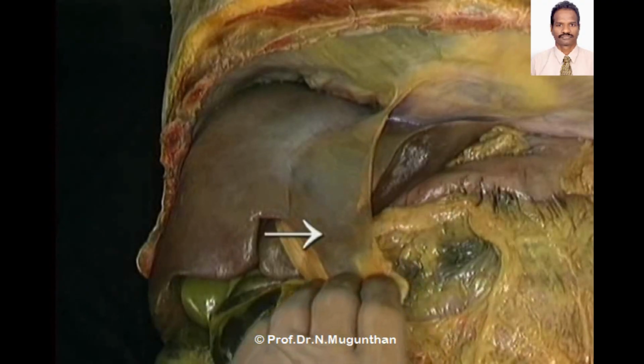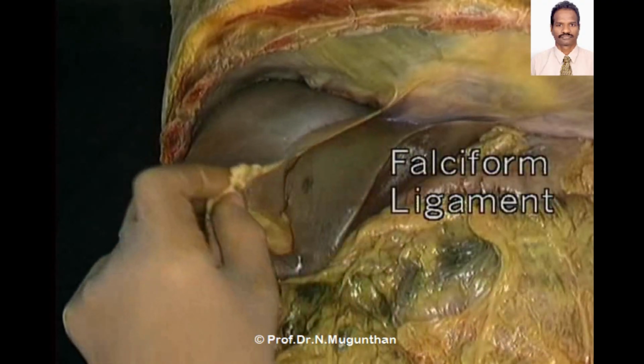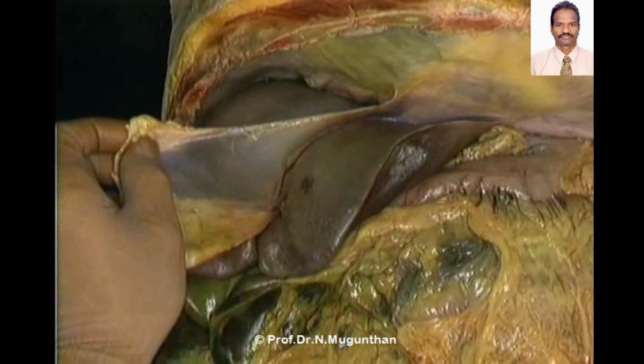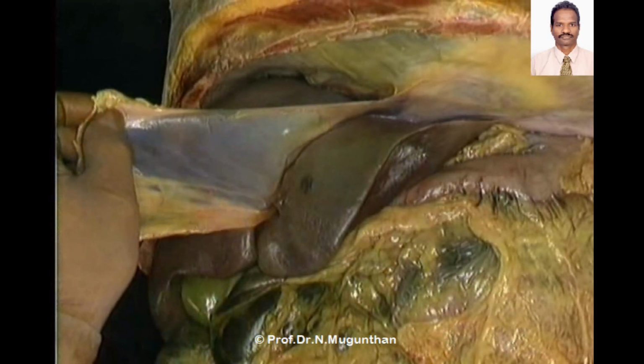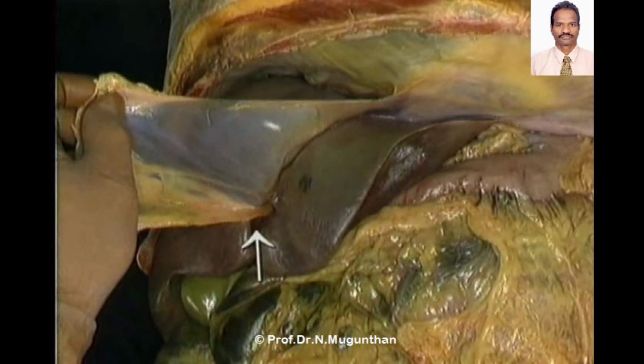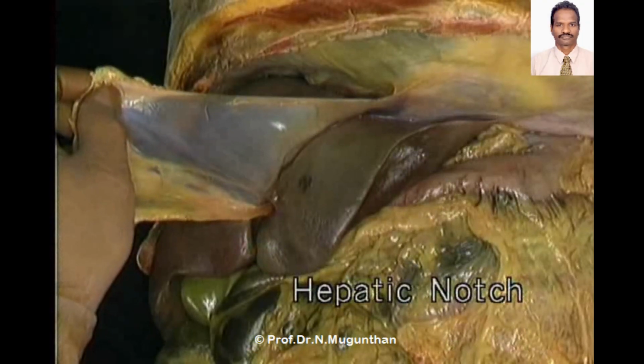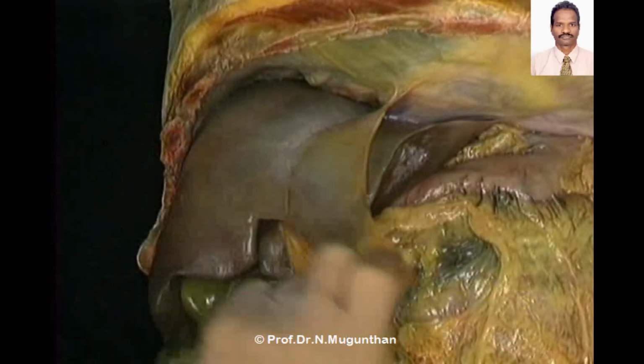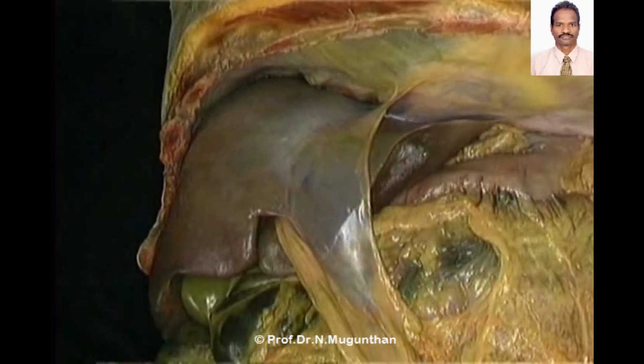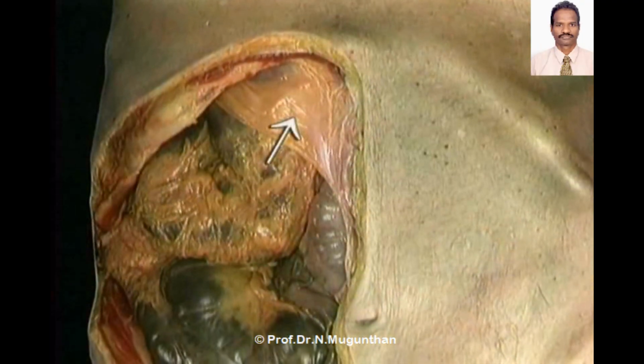Yeah, this is the falciform ligament. It has two layers, the right layer and the left layer. In between the two layers, at the bottom, the rounded cord-like structure is the ligamentum teres, located in the depression, the hepatic notch.